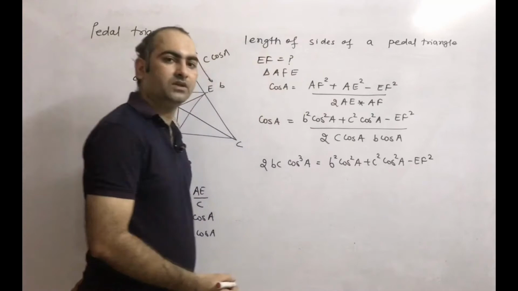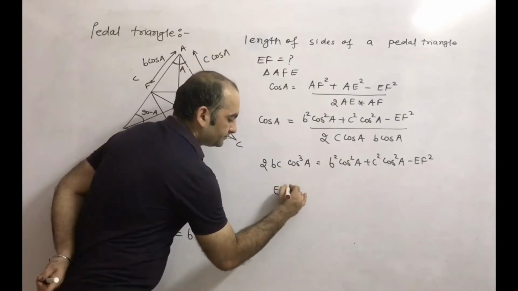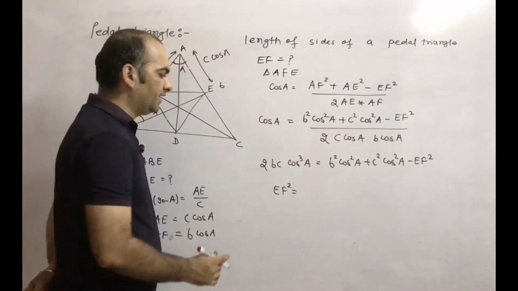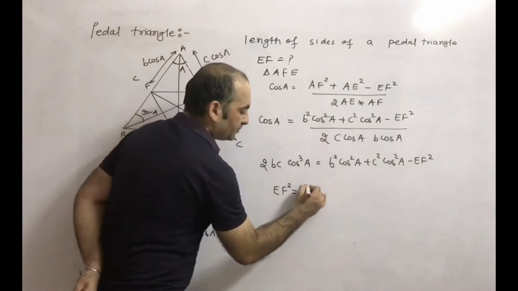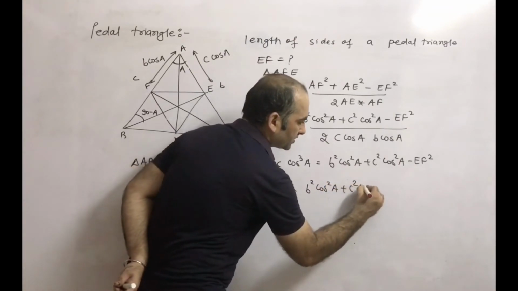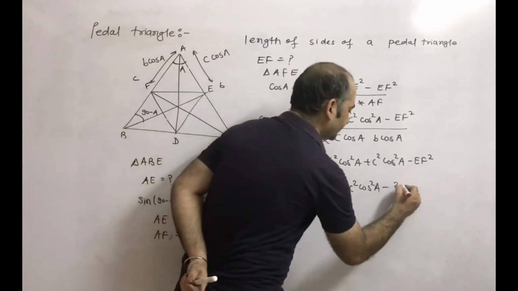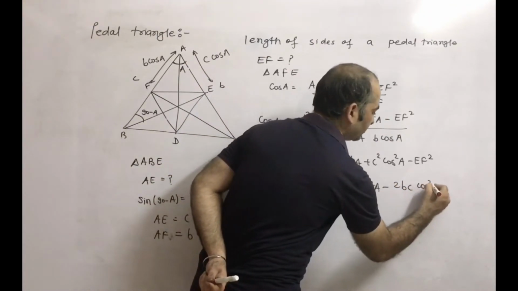So EF square we can take this side, and this one we are taking this side. So what will come? b square cos square A plus c square cos square A minus 2bc cos cube A.